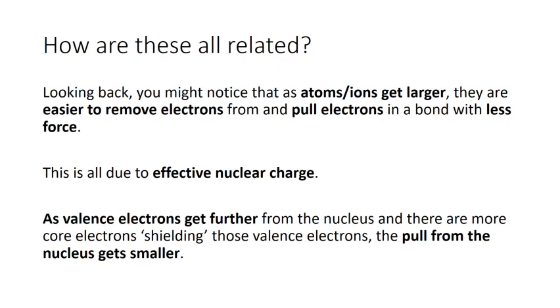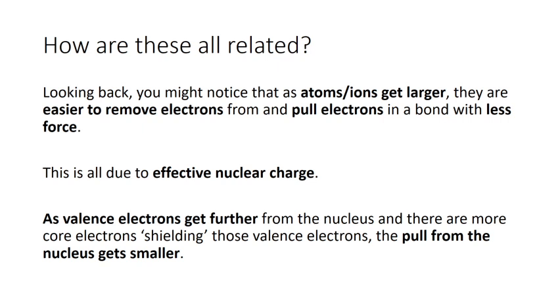From my descriptions of them, you may have gathered how all of these are related. Looking back, hopefully you notice that as the atoms and ions get larger, it's easier to remove electrons from them and they pull electrons with less force. All of this is due to effective nuclear charge.